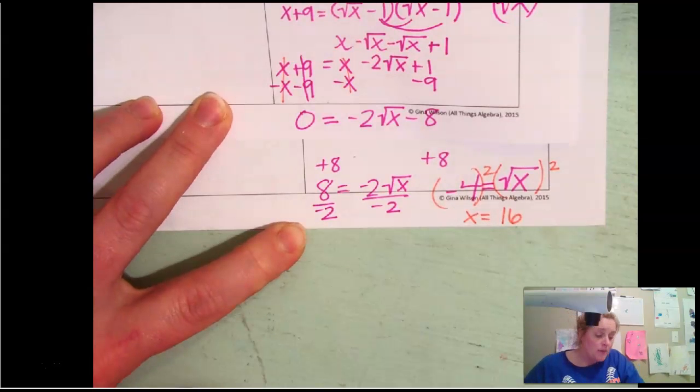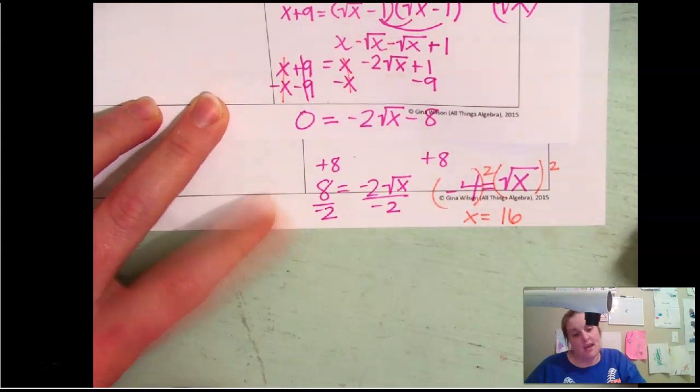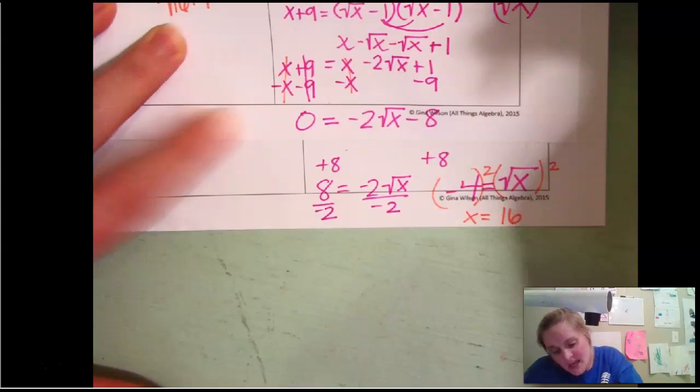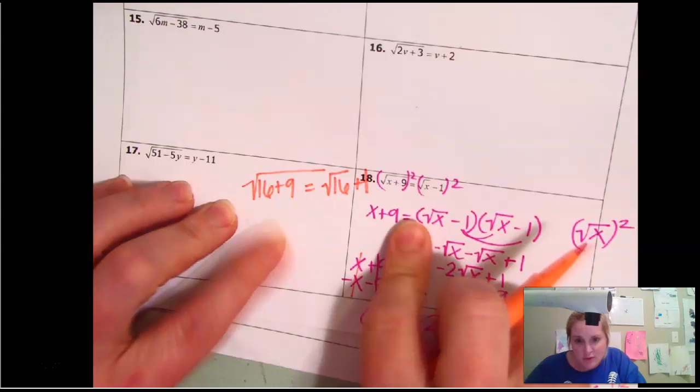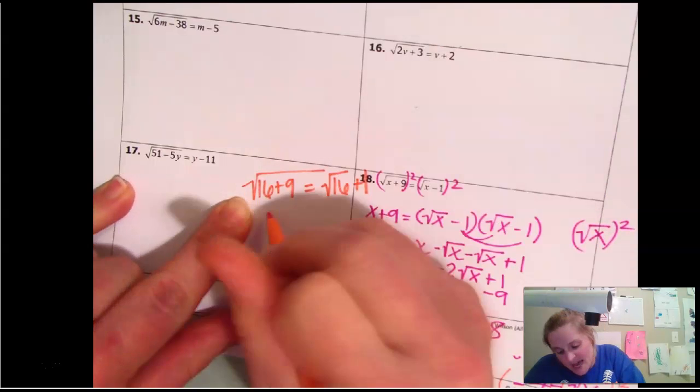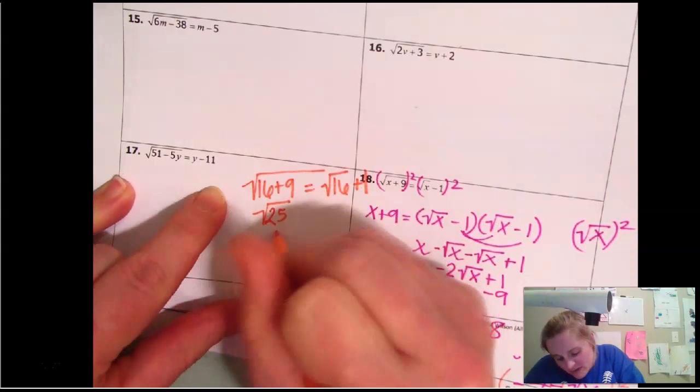Well, then you have to do your check. Okay, so we do our check by plugging it in. The square root of 16 plus 9, and then the square root of 16, and then plus 1 is not underneath that radical. Can y'all see that? No. Here I am doing my check. 16 plus 9 is 25. The square root of 25 is 5.